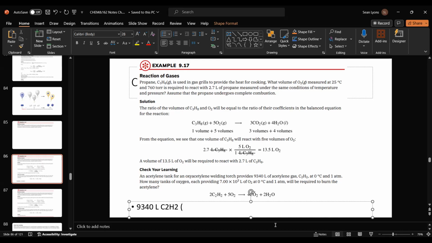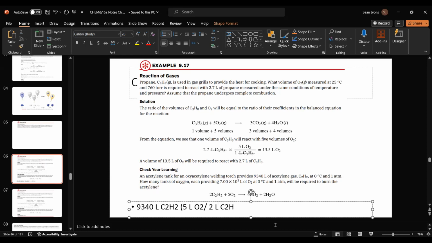But then what this is telling us is we've got 7,000 liters of oxygen. And actually, I'm getting ahead of myself because we want to go. So we have 5 liters of oxygen for every 2 liters of C2H2.